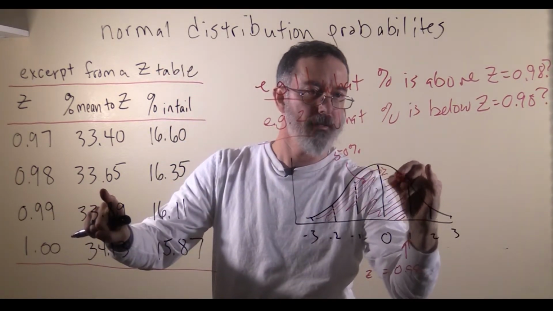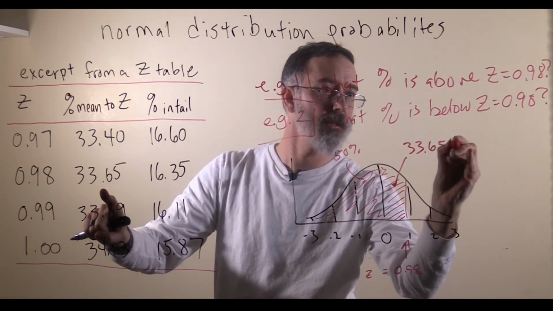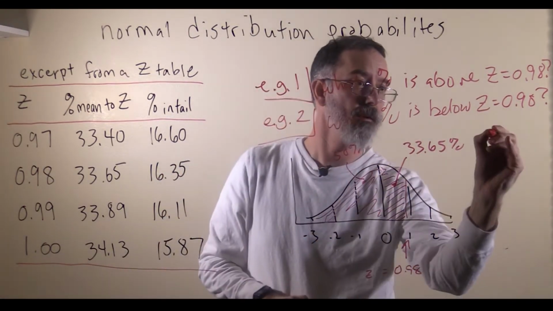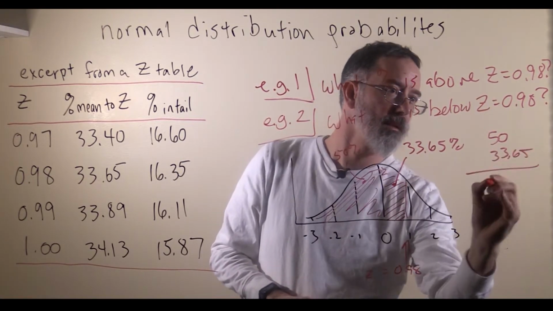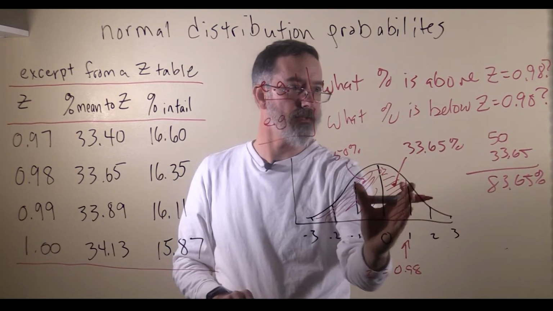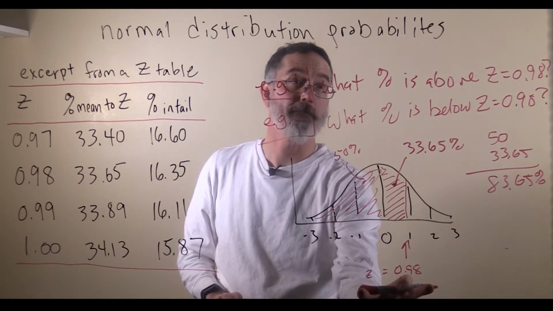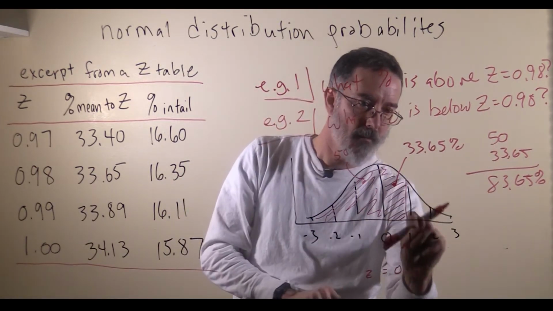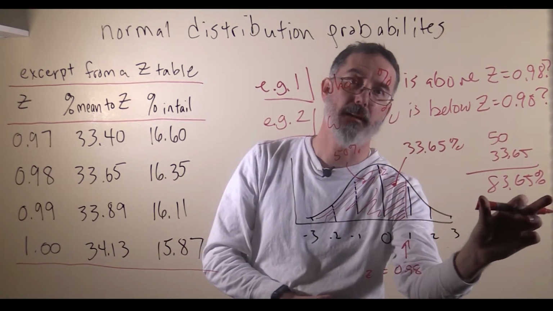So this here is 33.65%. And the question's asking what's total below, so we have to add these together. 50 plus 33.65 is going to give us 83.65%. So 83.65% of this distribution is below a z-score of 0.98. And of course, you could have also solved it by figuring out what percent is above and subtracting that from 100, and it would give you the exact same answer.